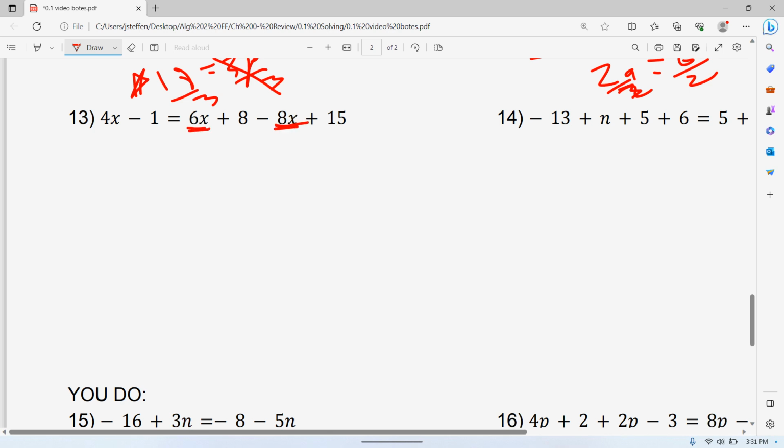Step 1 is combine them that are on the same side of the equal sign. So 4x minus 1 doesn't do much. So 6x and negative 8x is negative 2x.